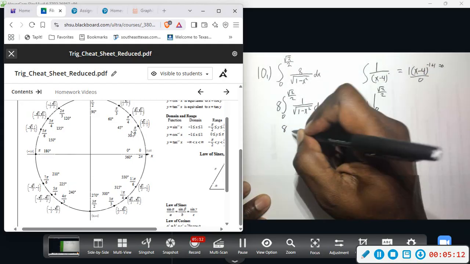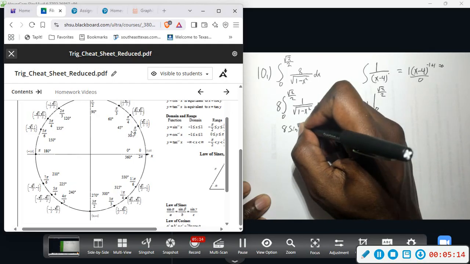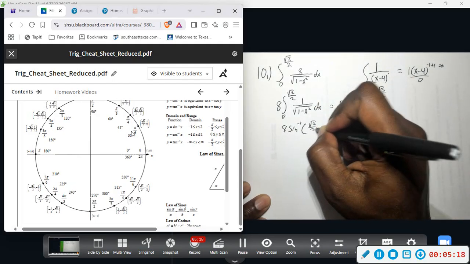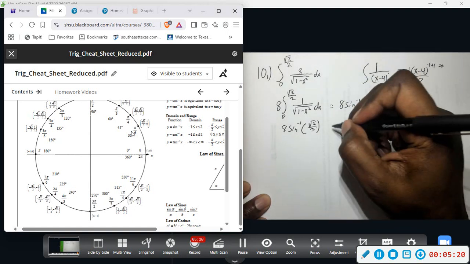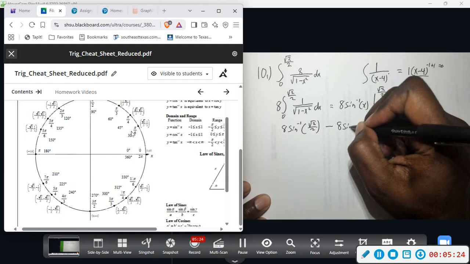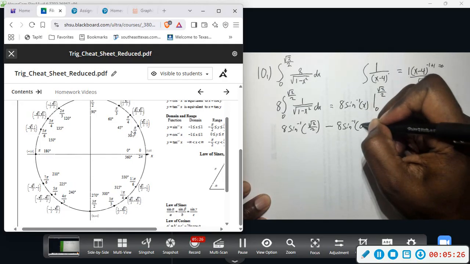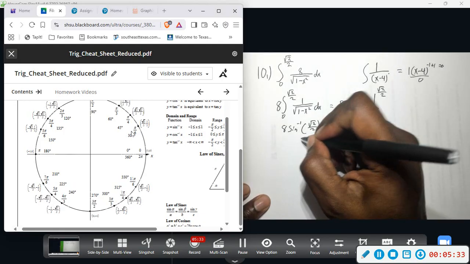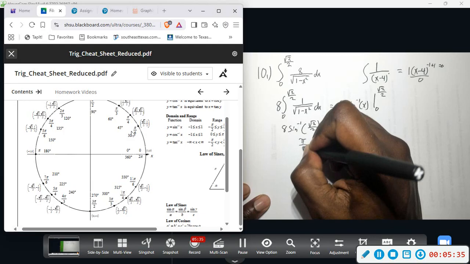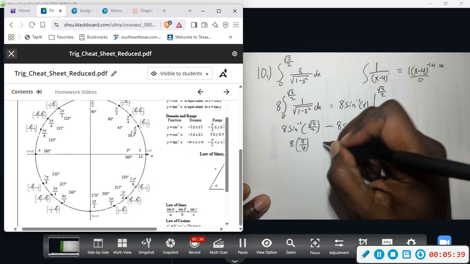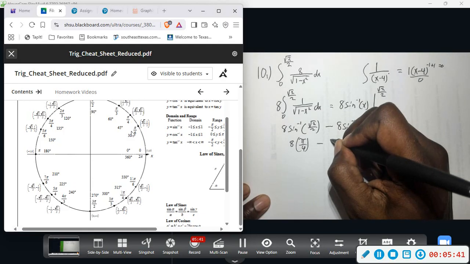8 sine inverse of root 2 over 2 minus 8 sine inverse of 0. Now this is going to give me pi over 4 times this 8, minus 8.